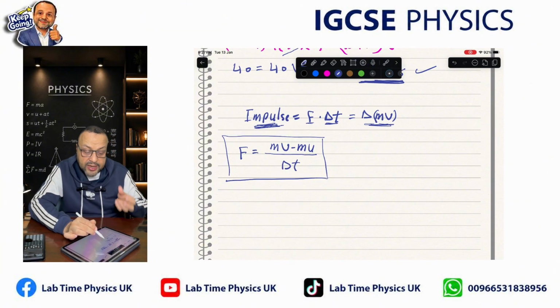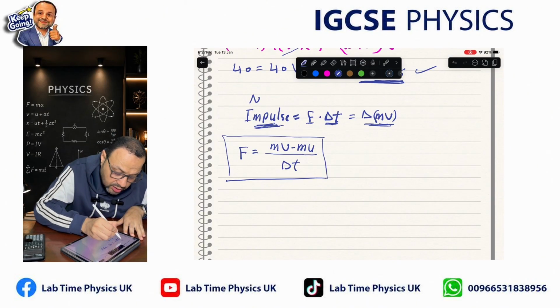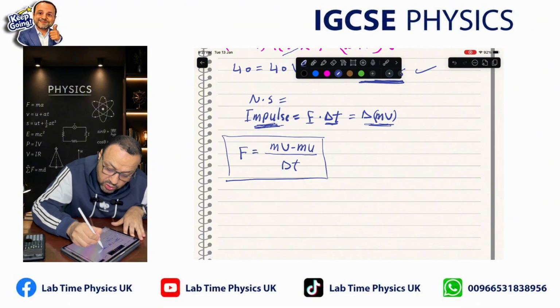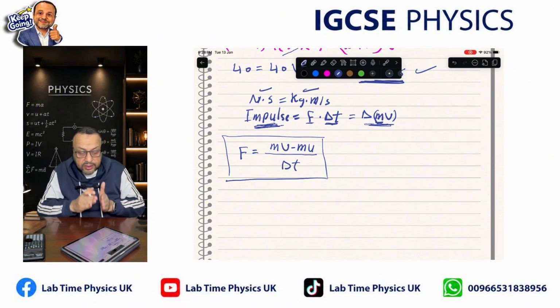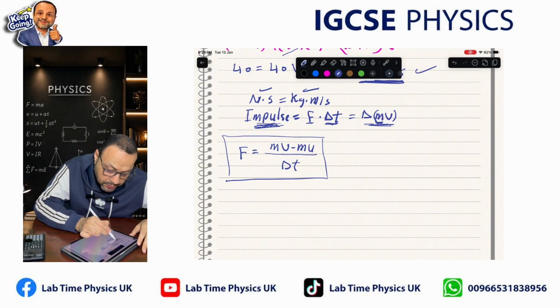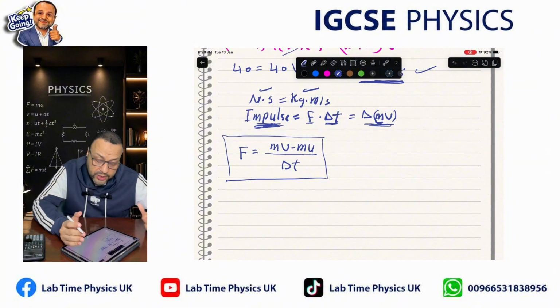By the way, I can mention the unit for the impulse, which is the unit for force multiplied by the unit for time. So it will be Newton dot second, or kilogram, the unit for mass, times the unit for velocity, kilogram dot meter per second. You can use either of these. These are the units for the impulse, equivalent to each other.